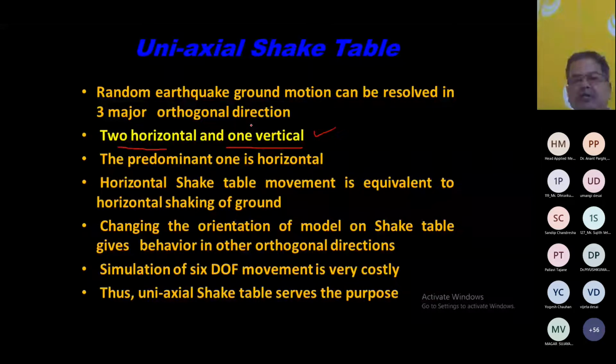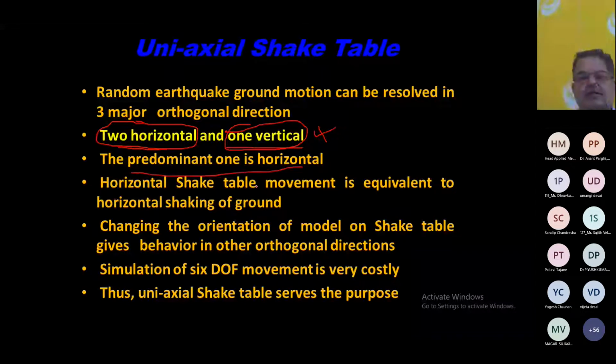So this is not counted when we make the shake table. So 2 horizontal components we have considered, right? Now 2 horizontal components means the shaking takes place either in the x direction or in the z direction, right? So the predominant direction is horizontal. So we talk about the horizontal.